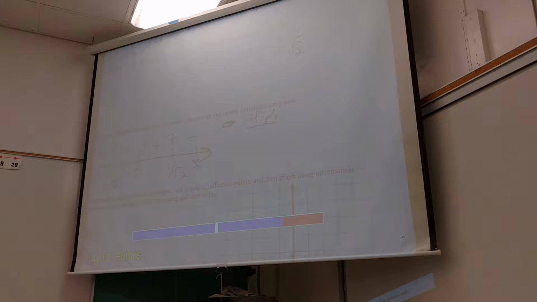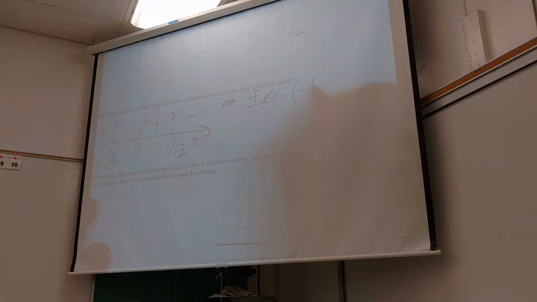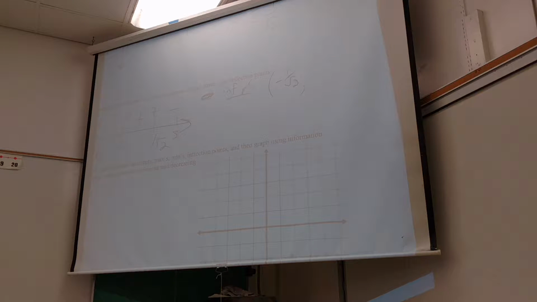So to finish this out, we have to plug -1 over rad 2 into this function to see where it is. -1 over rad 2 comma something. I changed it to -0.71.